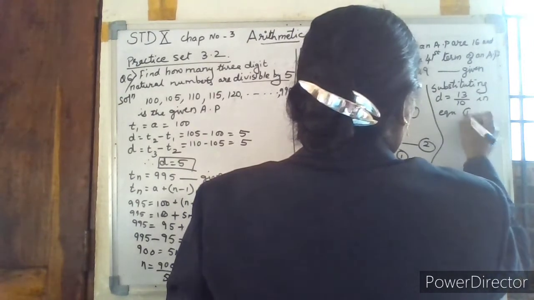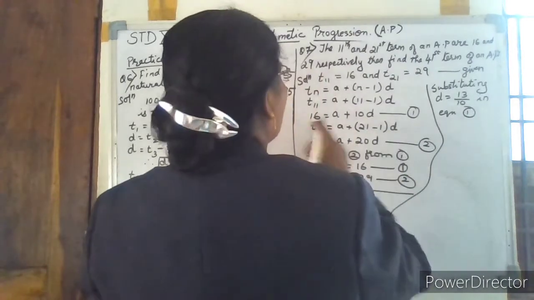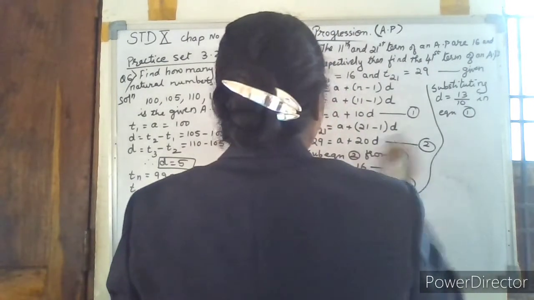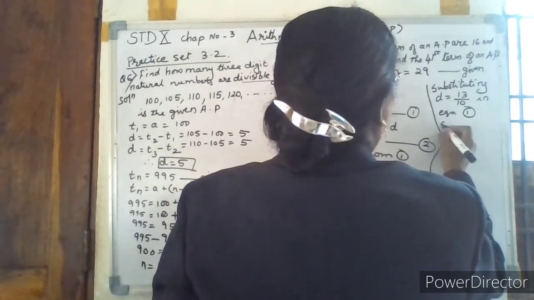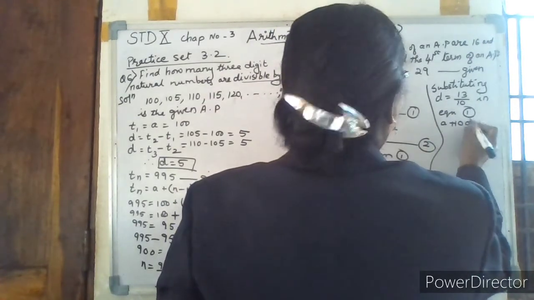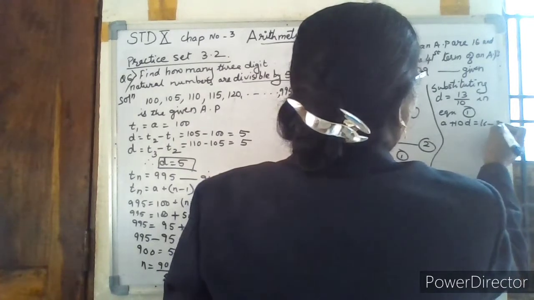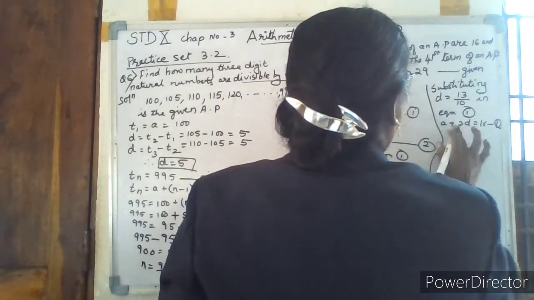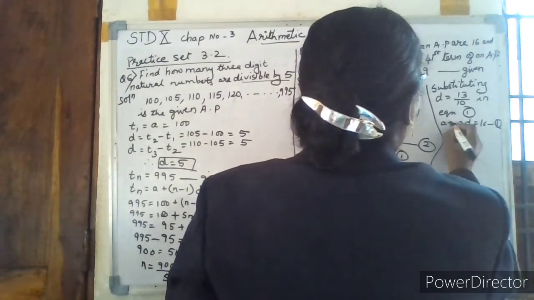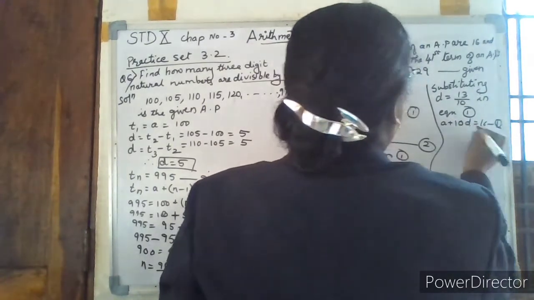So let us take equation 1, that is a plus 10d is equal to 16.